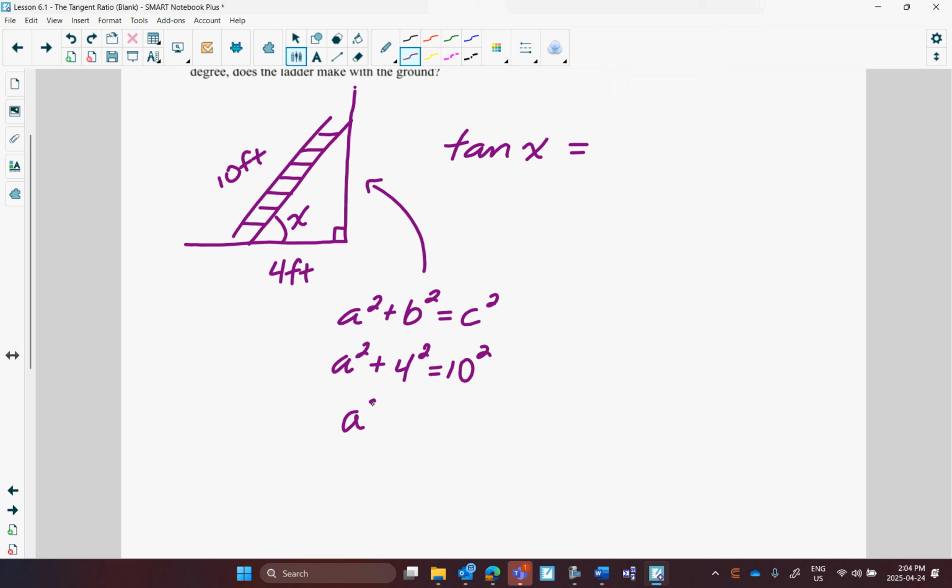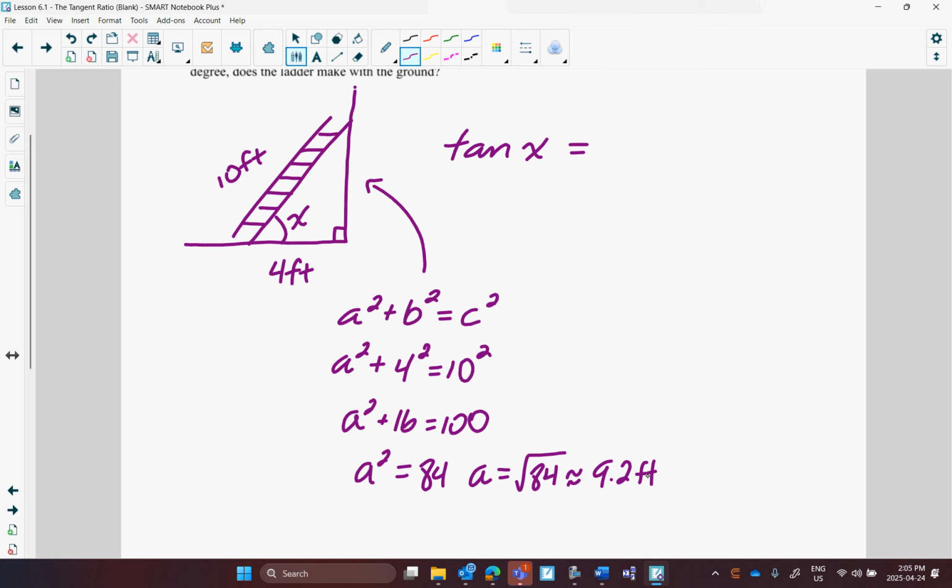A squared plus 16 is equal to 100. A squared is equal to 100 minus 16, which is 84. A is going to be the square root of 84. Let's go to one decimal place. 9.2. So notice I couldn't use the tan right away. I had to find the opposite side.